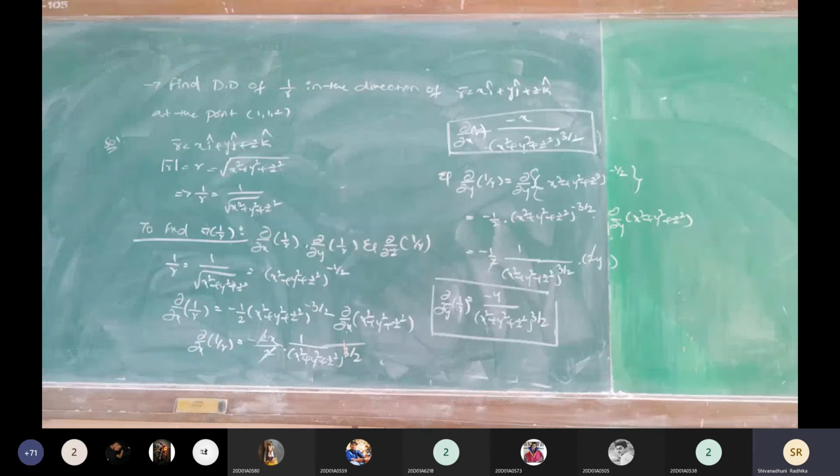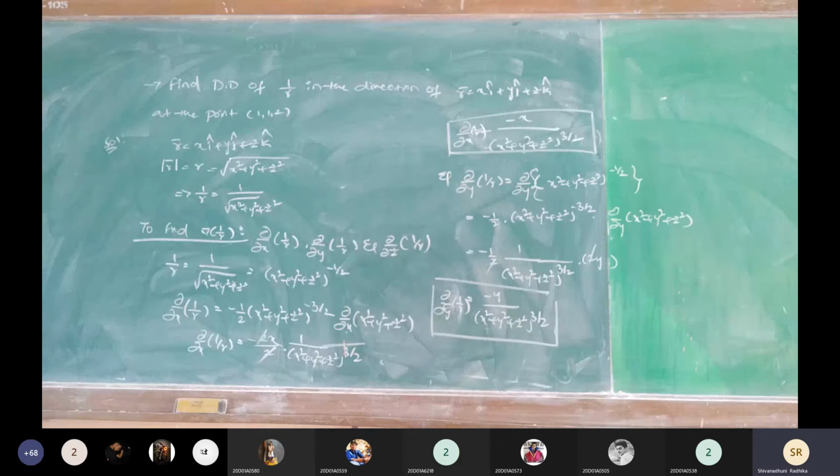Del by del x of 1 by r equals minus x by x square plus y square plus z square to the power of 3 by 2. Del by del y of 1 by r equals minus y by x square plus y square plus z square to the power of 3 by 2. Now what is del by del z of 1 by r?